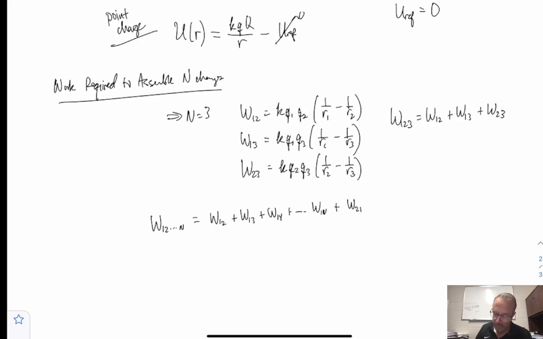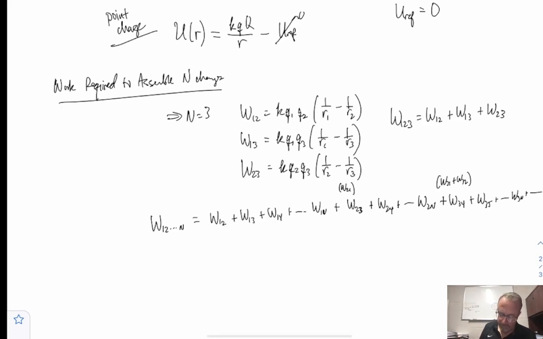It's 2 to 3, which I haven't accounted for, plus 2 to 4, plus dot, dot, dot, 2 to n. And I just want to point out that I don't have the 2 to 1 in there because I've already accounted for that. Plus work from 3 to 4, and here I've missed 3 to 1, plus 3 to 2 because I've already accounted for both of those. Plus the work from 3 to 5, plus dot, dot, dot, 3 to n, and you keep going.